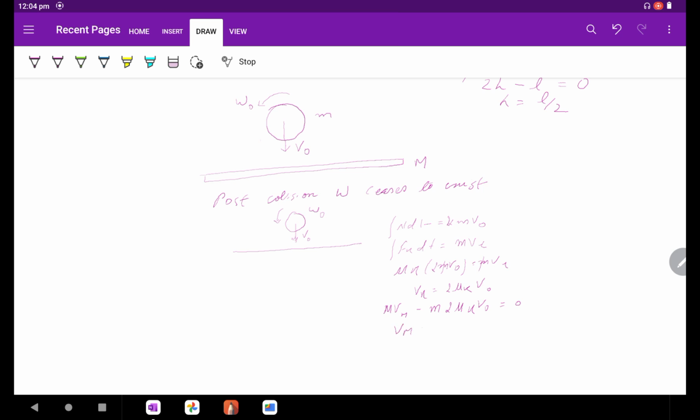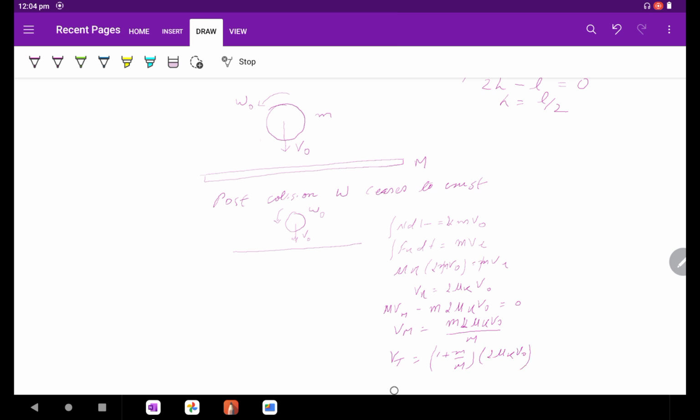And then Vm will be calculated as m 2 mu k v naught by capital M. So total v, they are in opposite direction, 1 plus small m by capital M, and 2 mu k v naught will be out.